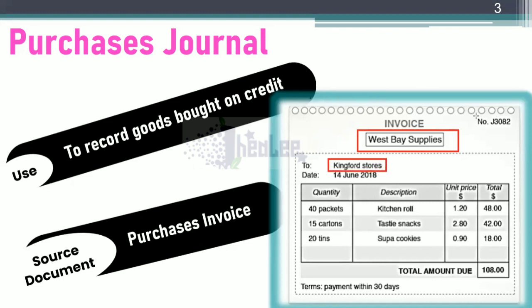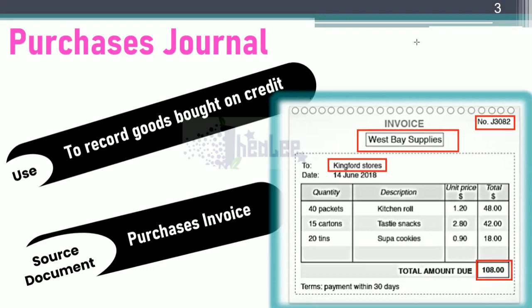The invoice number is very important because that is what is used to trace the transaction, and this is recorded in the purchases journal. Now, the figure that you would use from this invoice to make that record in the purchases journal would be $108.